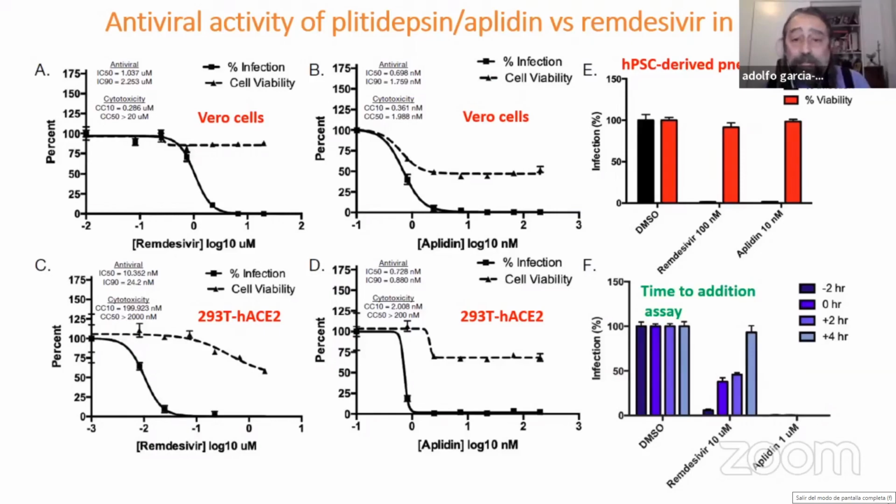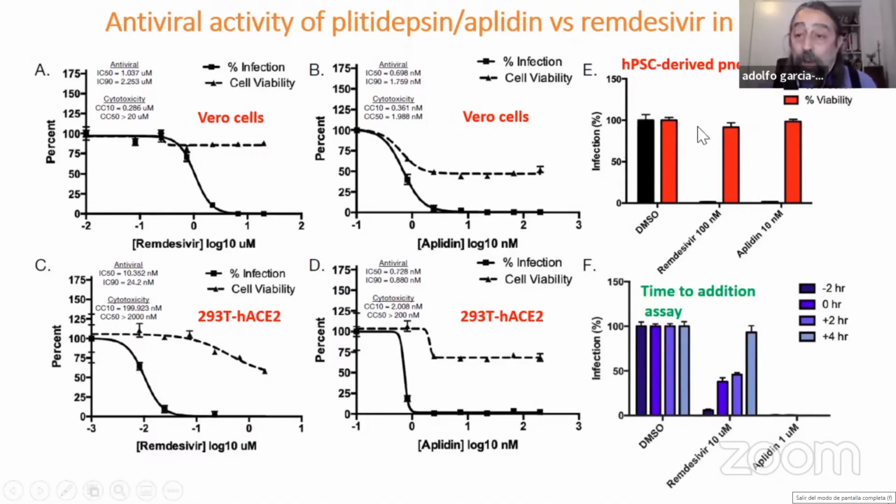And what we find is that Aplidin or Plitidepsin has a very good inhibition activity, again at the nanomolar range for IC90s, which is even lower, meaning it requires less of the compound to inhibit 90% of viral replication than remdesivir, which at this time was the only inhibitor available for this virus.